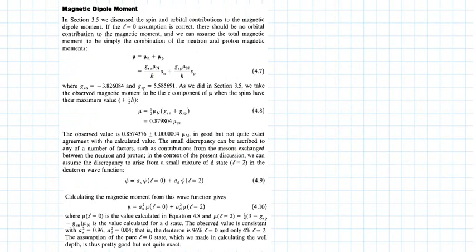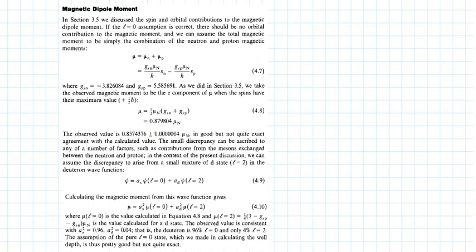We know these g_s values for the neutron and proton, and if we evaluate, we get a calculated magnetic moment of 0.879804 nuclear magneton. But the observed value happens to be 0.857, etc., in units of mu_N.